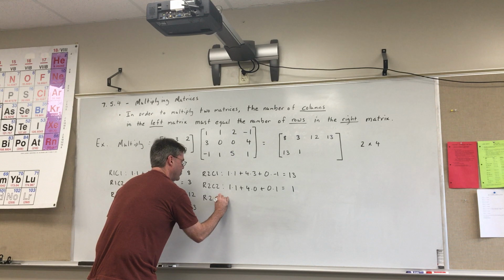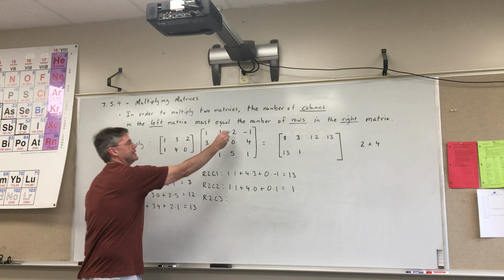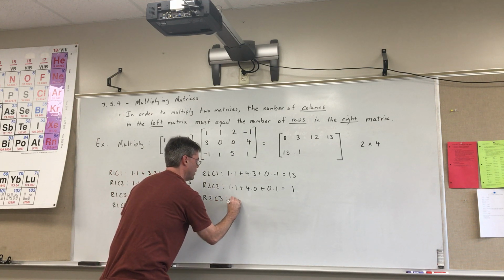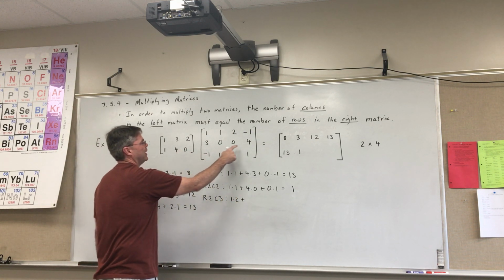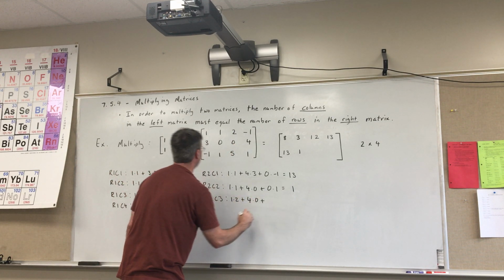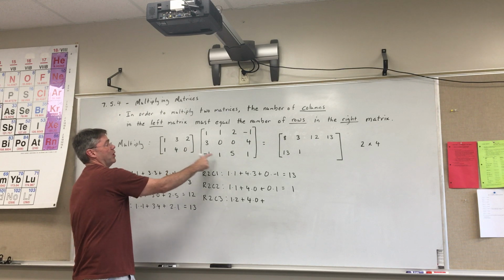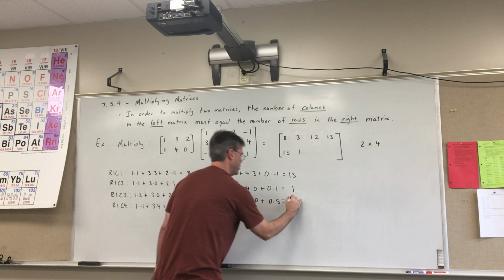Row 2, column 3. 1 times 2 plus 4 times 0. We love those zeros. Plus 0 times 5. All right, that's just going to be 2.